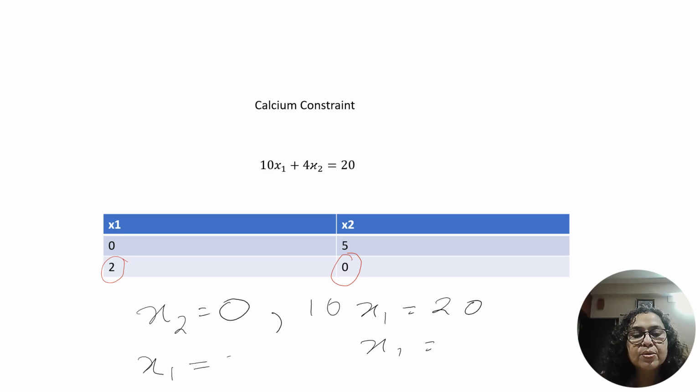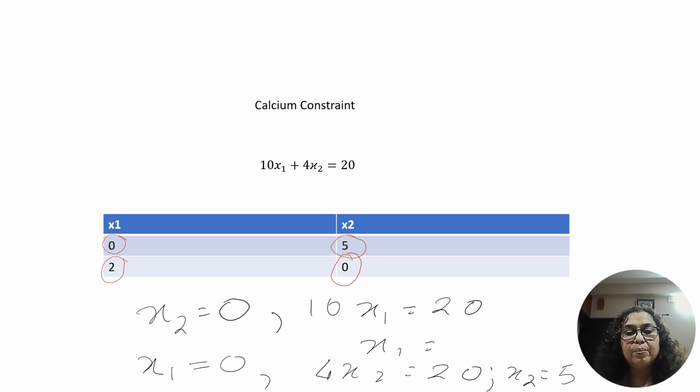When x1 is equal to 0, we have 4x2 equal to 20, so x2 will be equal to 5, that is 20 by 4. So here again, when x1 is equal to 0, x2 is equal to 5. So we have 2 points of this straight line: 0, 5 is one point, and another point is 2, 0.